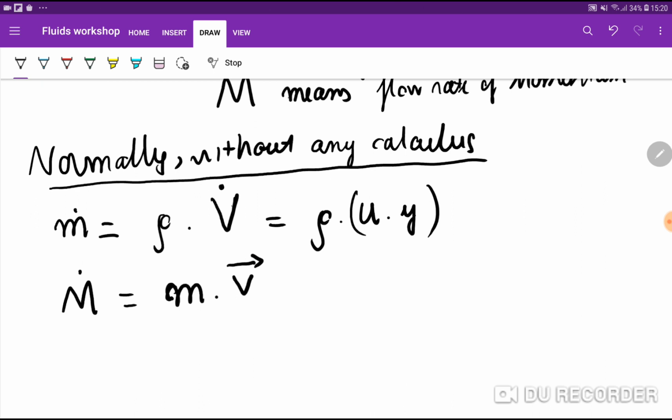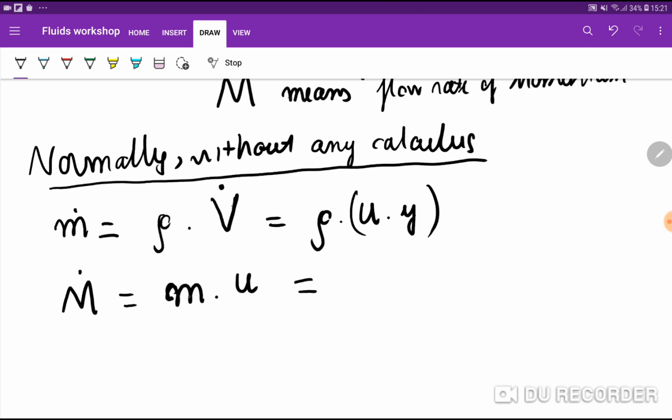Okay, notation. I will use m times u, not u dot, because the reason you need a dot is to specify that it is per time, and velocity already has the per time term in it, so you don't need it anymore.